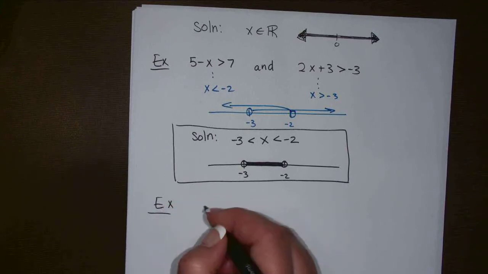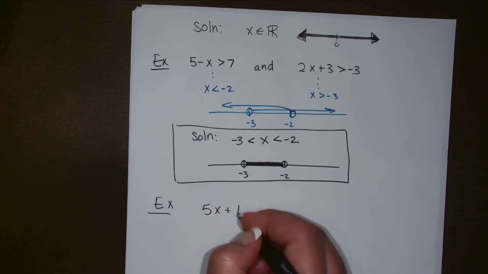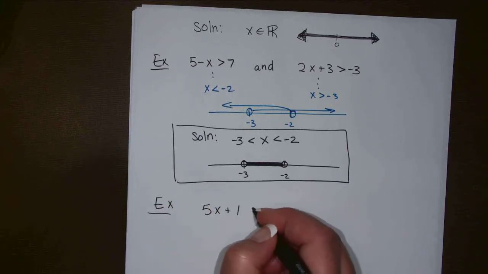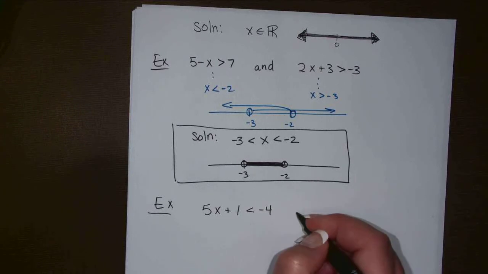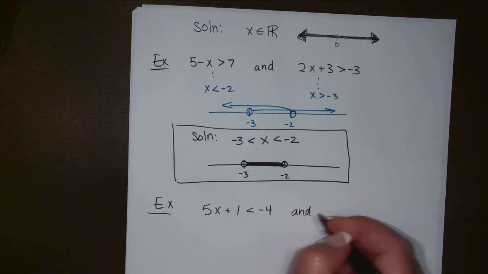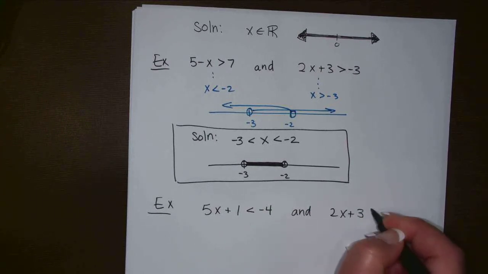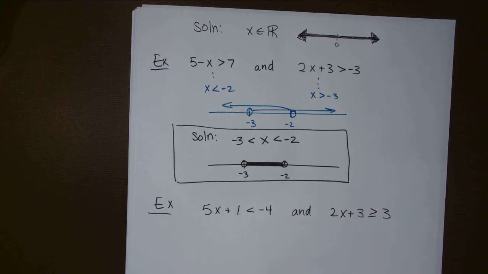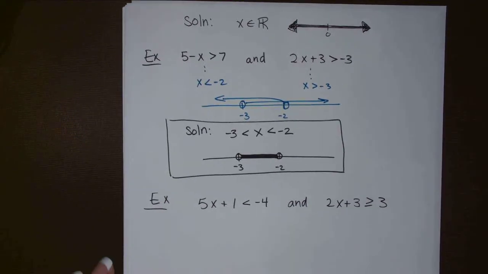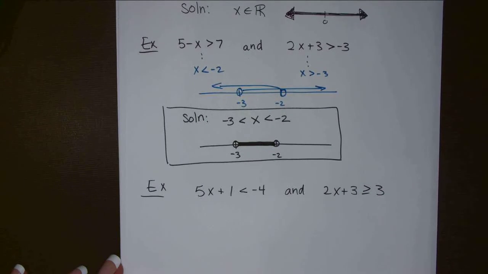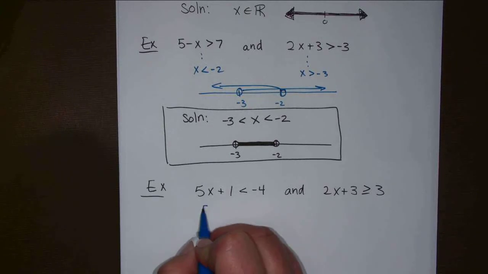And the last one like these. 5x plus 1 less than negative 4, and 2x plus 3 greater than or equal to 3. So solve each of them.